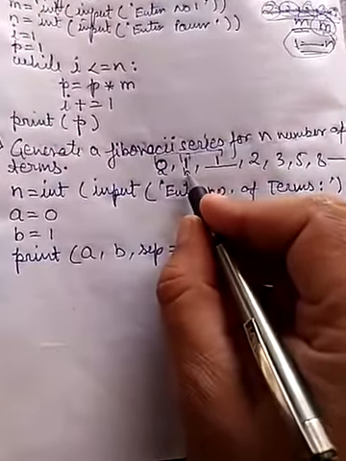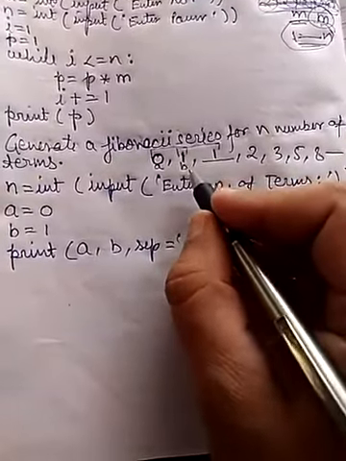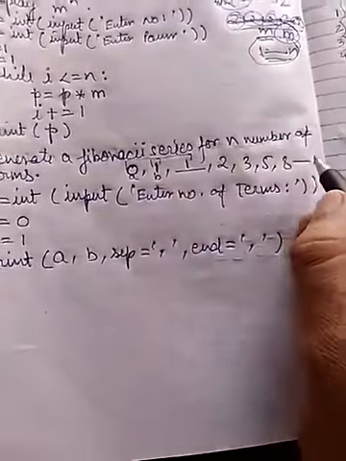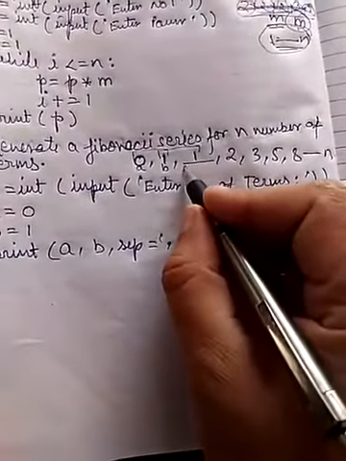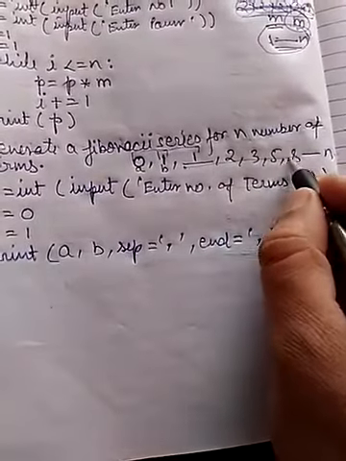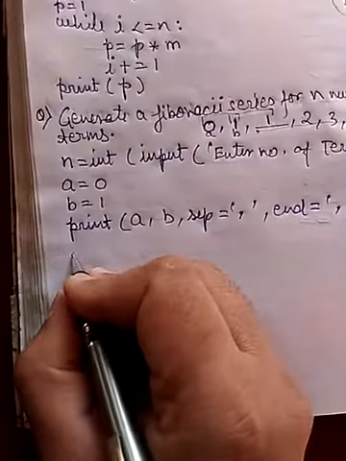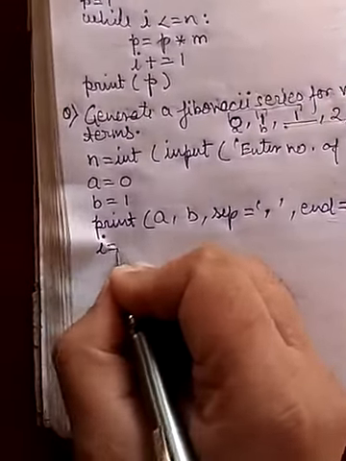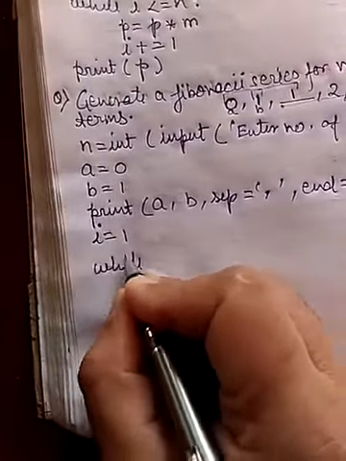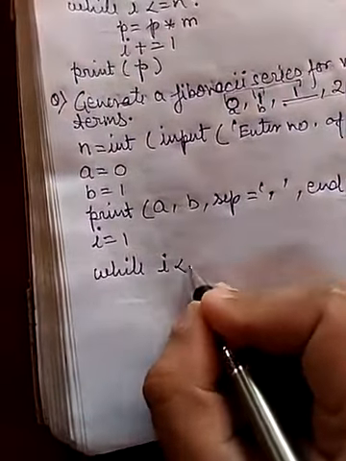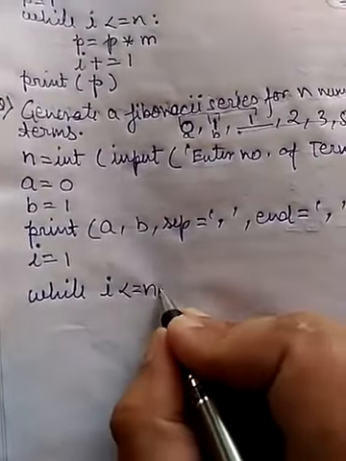After that, we have to continue the repetition of work by adding the previous values n number of times. From this point we start the loop for n number of terms. I am initializing the loop index, let us say i, by 1 while i is less than or equal to n minus 2.